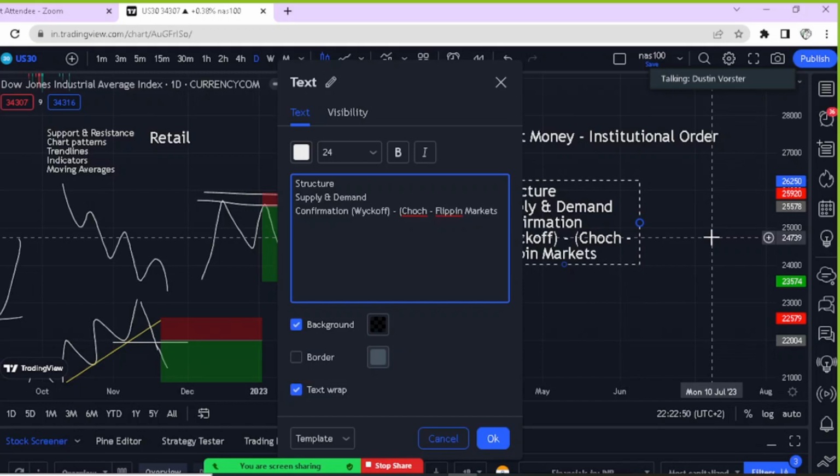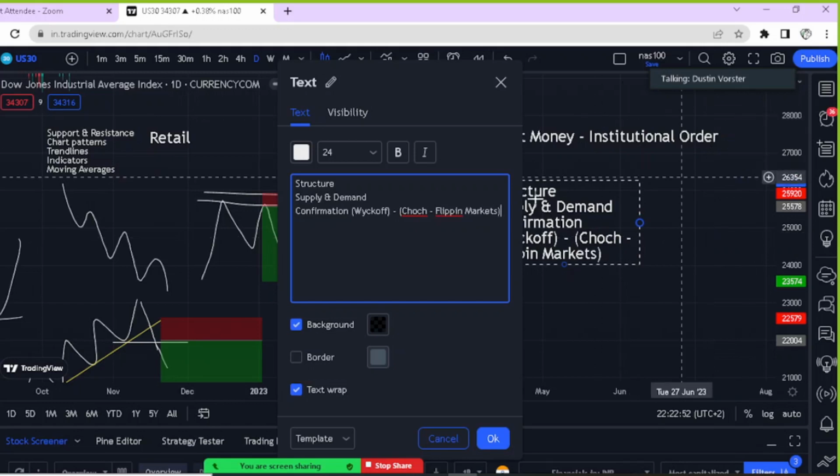So change of character, flipping markets, is pretty much Wyckoff, really simplified. Because we know trading needs to be simple. Often we overthink things. I mean, how many trades did you miss when you were trying to label your automatic rally, your buyers and sellers climaxes and things like that? So that's pretty much that.